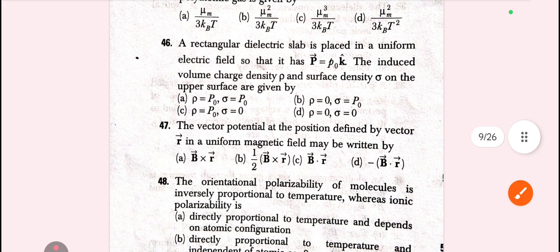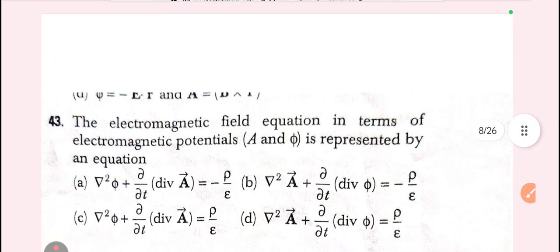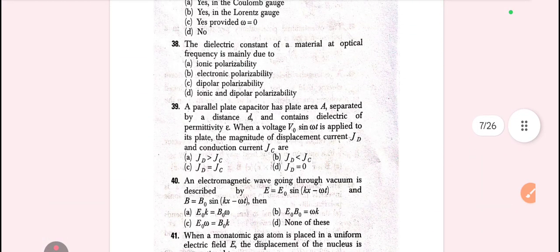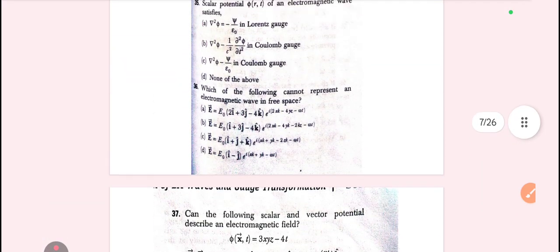The vector potential is defined by... we already did a question like this.